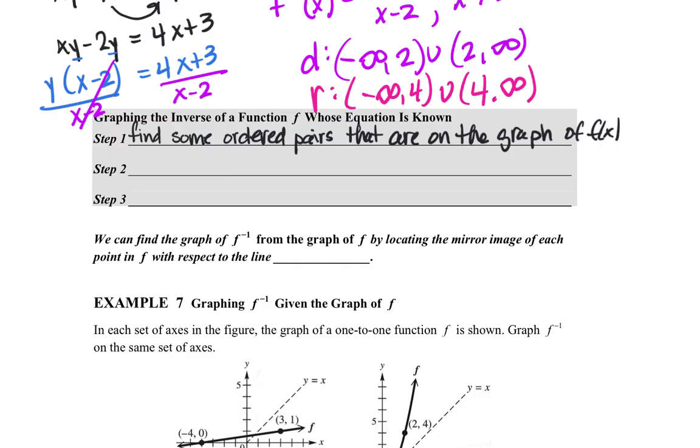Then switch the x and the y to get points on your inverse. Then plot the points and sketch the graph.